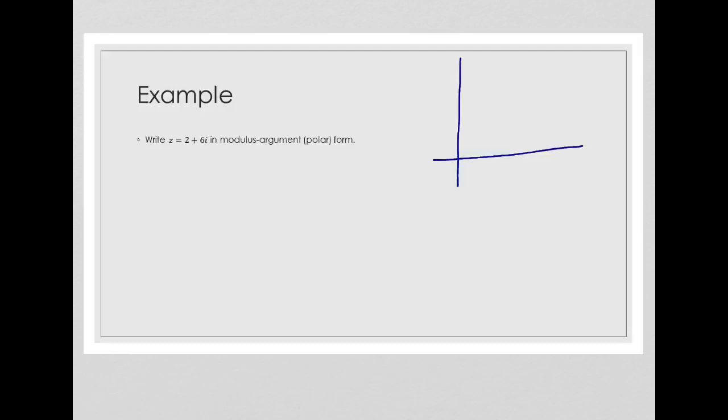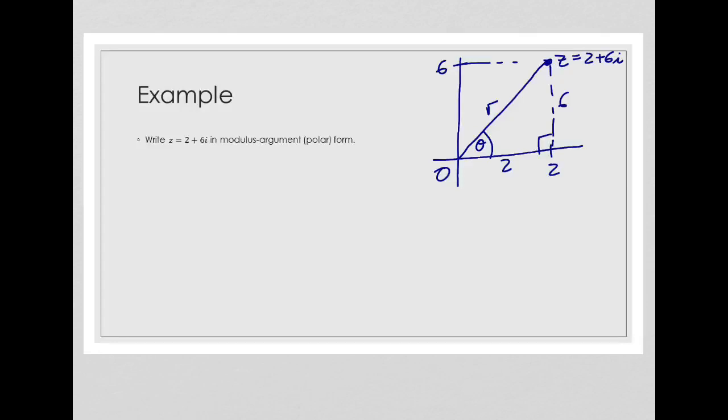So on the x-axis we have 2 and on the y-axis we have a 6, not drawn to scale, just to get an idea of what we work with. So this distance here is 6. We have a 90-degree angle, 2 here, and then theta as the angle there. And this is then the point of Z.